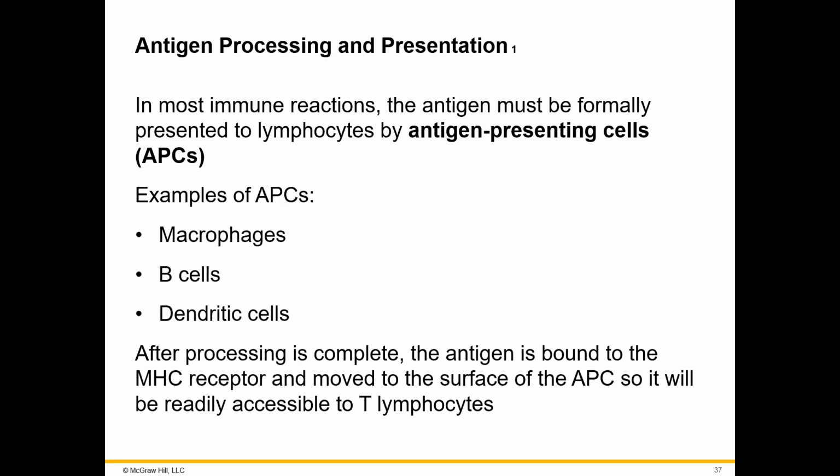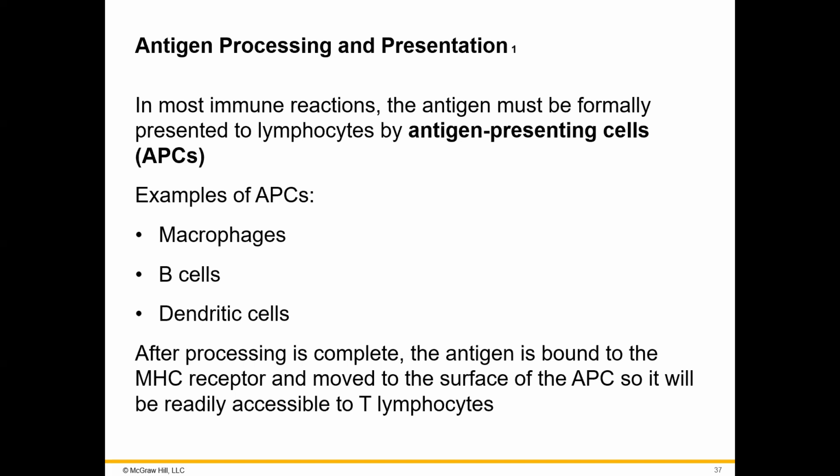Now, looking at antigen processing and presentation. In most immune reactions, the antigen has to be formally presented to lymphocytes by cells that are called antigen-presenting cells. At least 3 different kinds of cells can serve as antigen-presenting cells: macrophages, B cells, and dendritic cells.